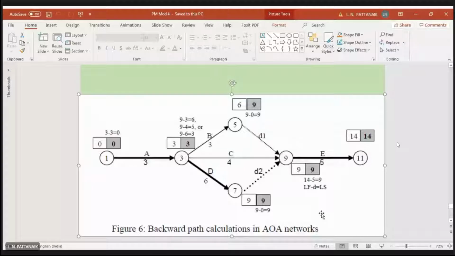From this figure, 14 days or 14 weeks is the project completion time, and that is definitely decided by this golden path, A, D, D2 and E. D2 is a virtual dummy, so A, D and E are basically the critical activities which decide the project completion time, whereas B and C are non-critical, because they are not lying on the critical path.